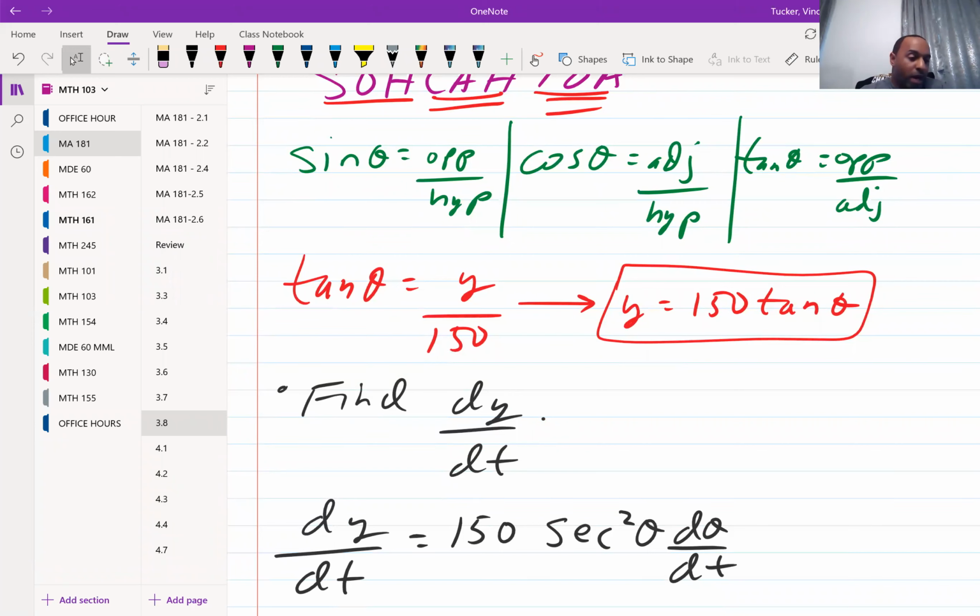So that means, once again, we're deriving it implicitly, so we can't take the full derivative. Derivative of tan theta is secant squared theta, but then you're going to have this piece, d theta/dt, because we're taking it with respect to t, not with respect to theta.